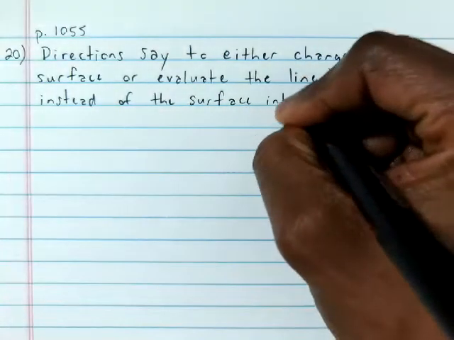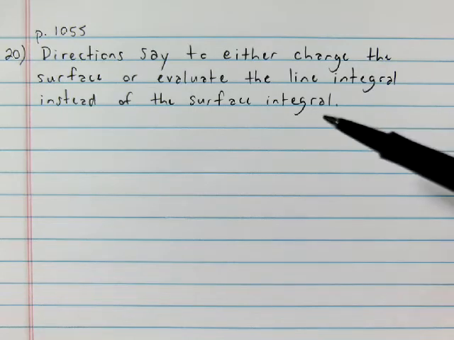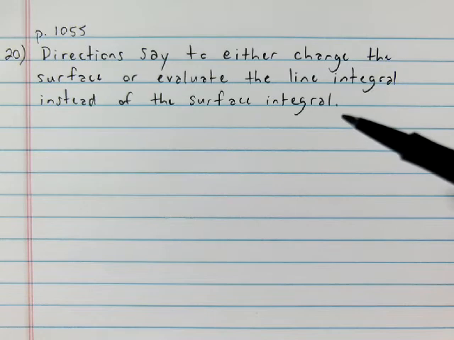And again, that's because they say in the directions to use Stokes' theorem to evaluate the surface integral, which if we were to evaluate the surface integral directly, we wouldn't be using Stokes' theorem at all. So our two options in using Stokes' theorem are to change the surface or just evaluate the line integral directly.